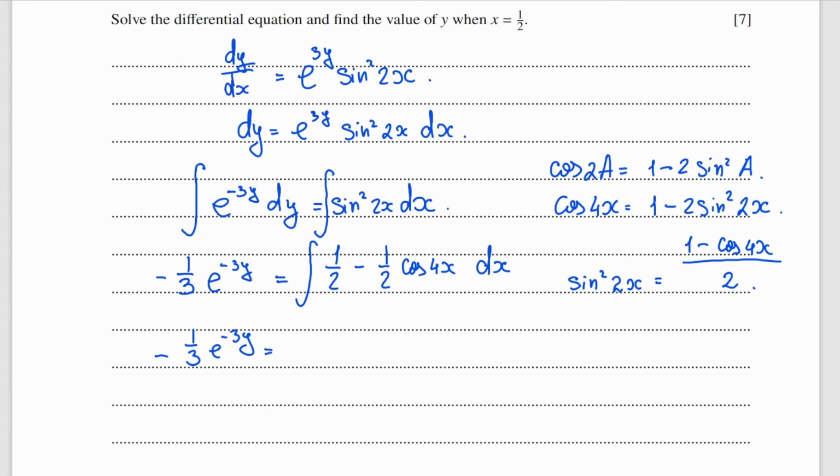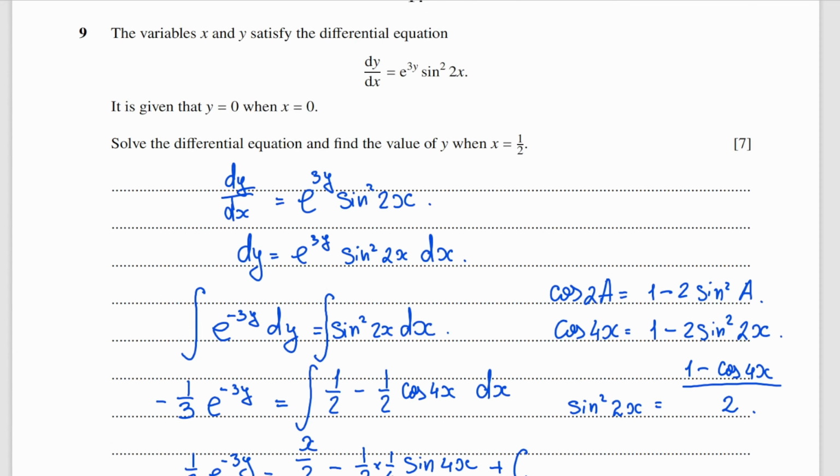Now, integral of 1 over 2 is going to be x over 2. Now, the integral of cosine is going to be sine 4x times 1 over 4. And of course, do not forget to add c.